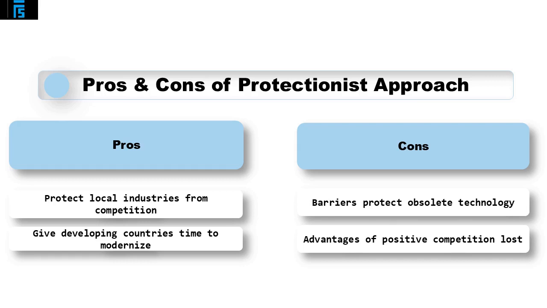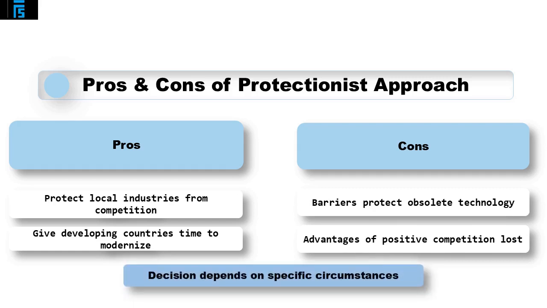Concluding, there is no simple answer to the question of whether protecting domestic markets is right or wrong. It seems that depending on the specific circumstances and decisions of local policymakers, the protectionist approach may either help a country develop faster when applied responsibly, or, as in the case of countries led by populists, obstruct the increase of an economy's level of competitiveness, thus hindering the economic growth of the country.